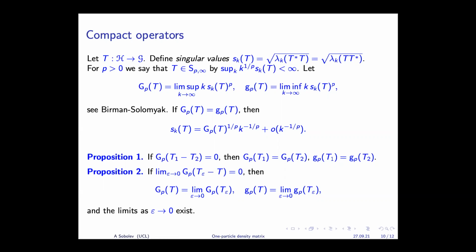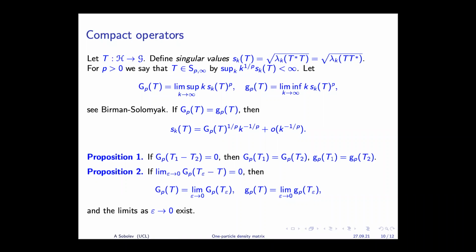But the second proposition is even more useful, because this is exactly the one that is used most in the proof. Let me just explain what it is. Look at this perturbation multiplied by epsilon. Now assume that for this operator, we know its asymptotics. And we know that operator K also has singular values decaying at the same rate, not faster, like in the first proposition, but at the same rate. But it is multiplied by epsilon.